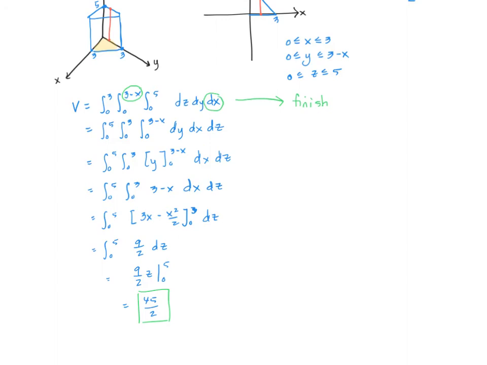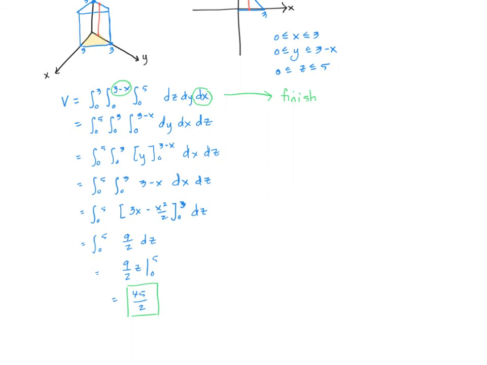So for example, let's just say that I changed the order so that my x was first and my z was on the outside. So I had 0 to 5, 0 to 3 minus x, and I had 0 to 3. So this would be a dx, dy, dz.